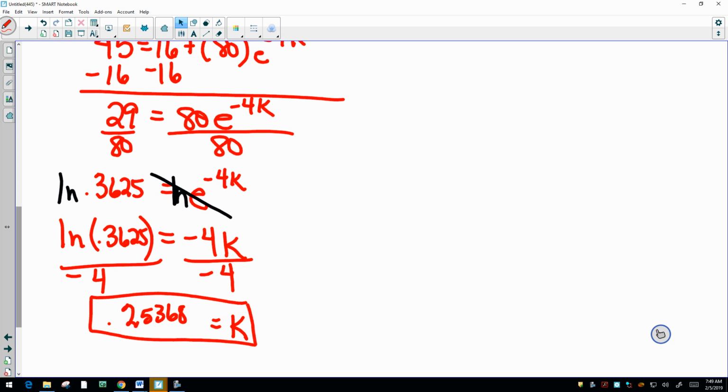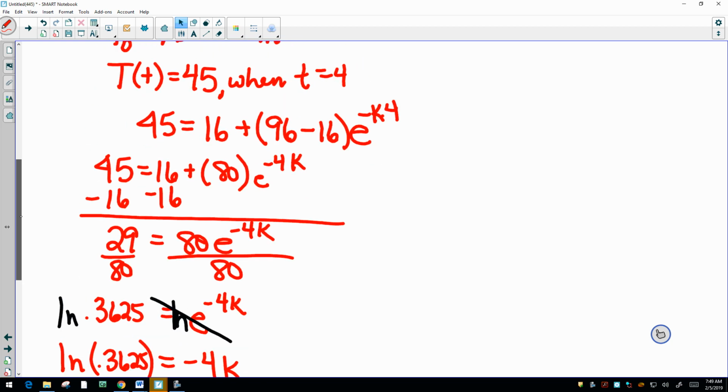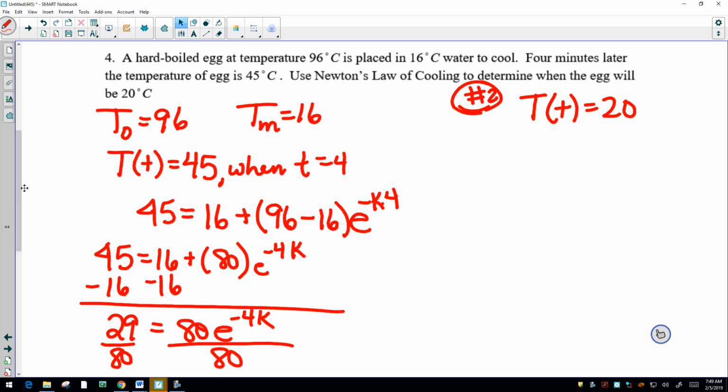Okay, using that constant, now we're going to go back. I have my constant, and what I'm really trying to do is figure out when the egg is going to be 20 degrees. So here's round 2. 20 degrees now goes in for your T of t. Our medium temperature doesn't change, that's still 16.